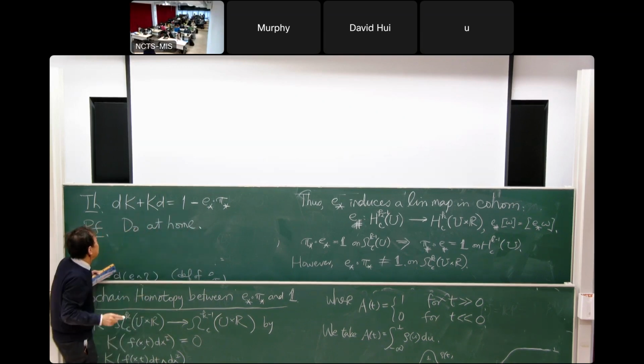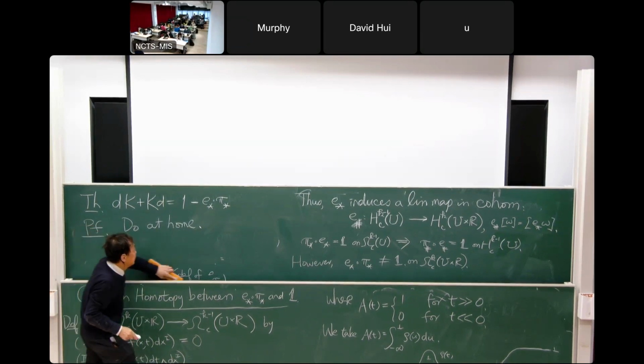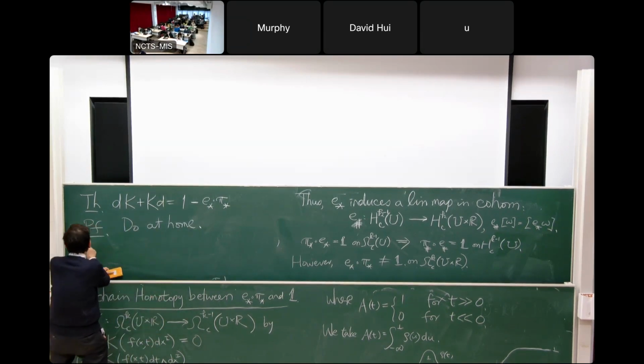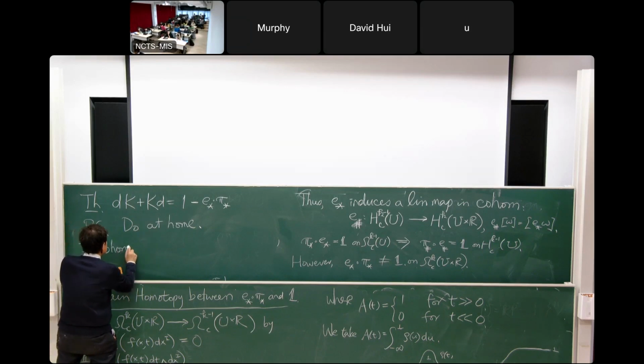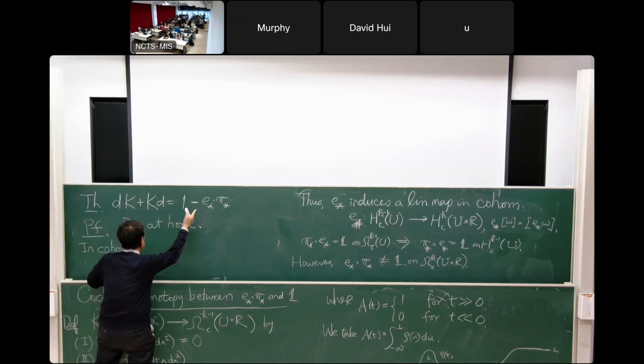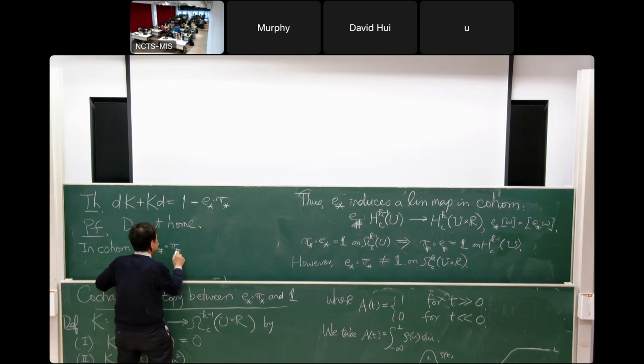And so what this says is that thus in cohomology, because you have a cochain homotopy, you get that the two induced maps in cohomology are equal.